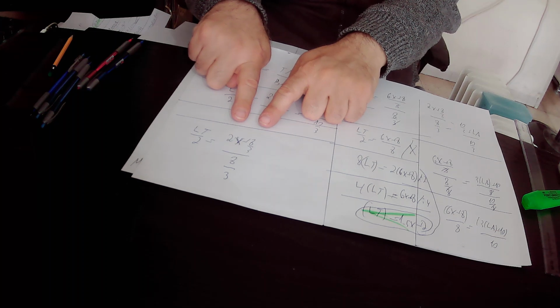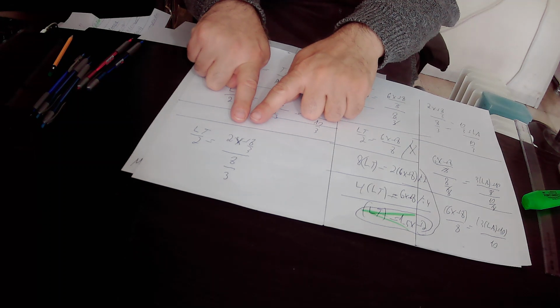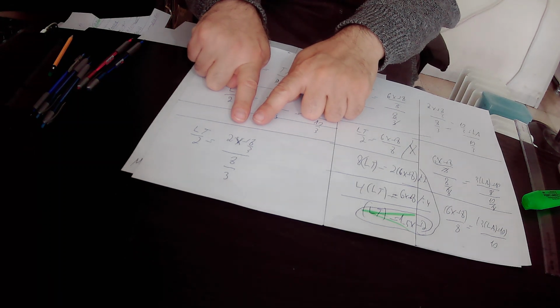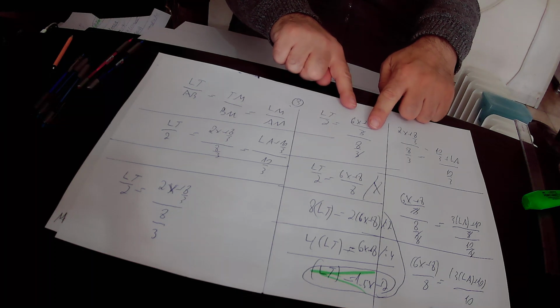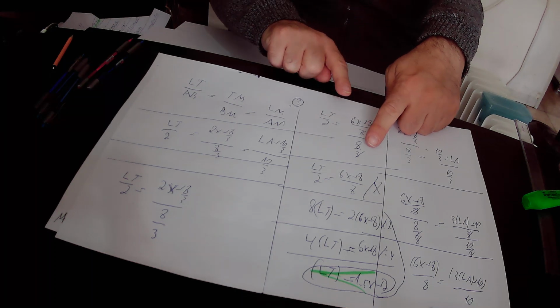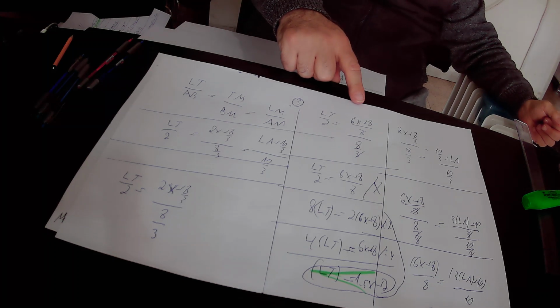In the numerator of this expression we have 2x times 3, which is 6x, so in total we have 6x plus 8 divided by 3, and we have to divide it also by 8 over 3. So in conclusion, LT over 2 equals 6x plus 8 over 3, over 8 over 3.